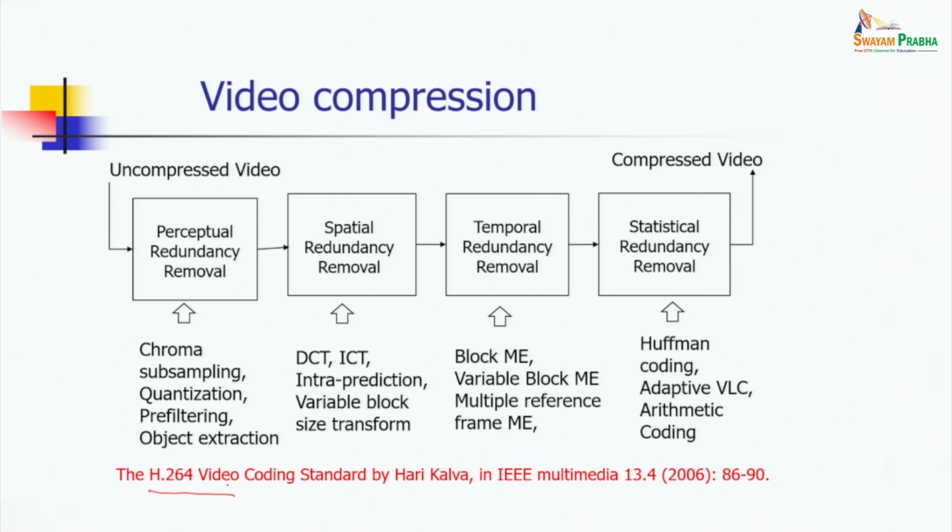There are several strategies like Huffman coding, adaptive variable encoding, arithmetic coding. We call these entropy coding or statistical redundancy removal techniques. So these are the four stages in the pipeline by which a video could be compressed.